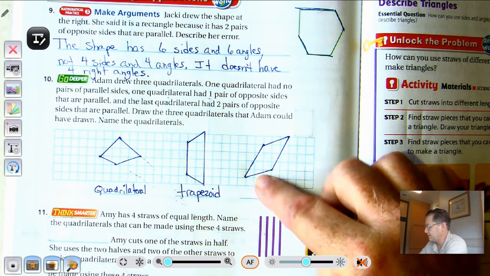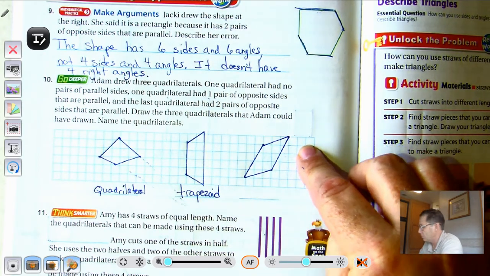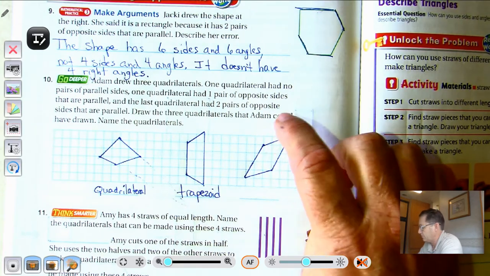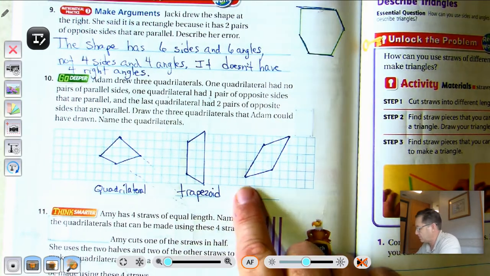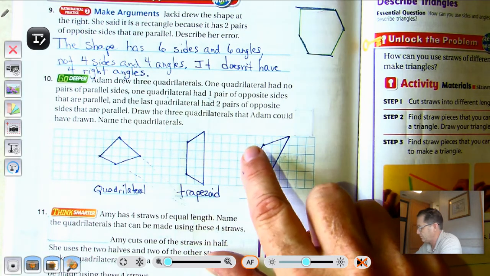They will not cross. These two sides are parallel. They will not cross. So what did we draw? We drew a 1, 2, 3-sided figure. 1, 2, 3, 4.